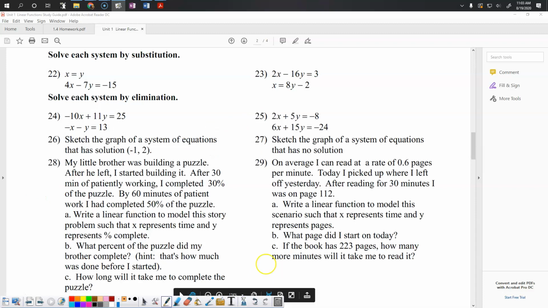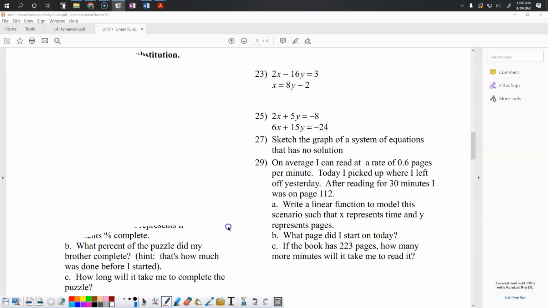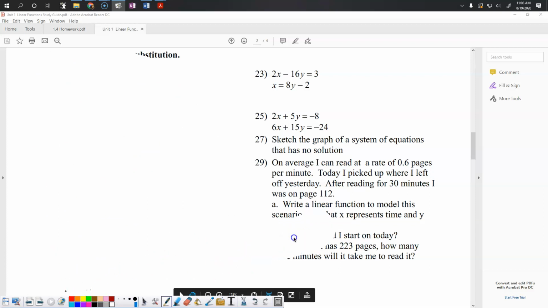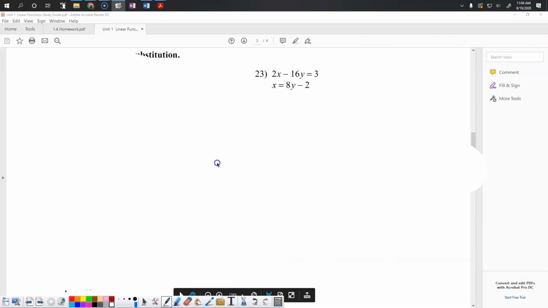Go ahead and take a look at number 23 there. Once again, we're going to need some writing space though. Oh, that's the wrong one.